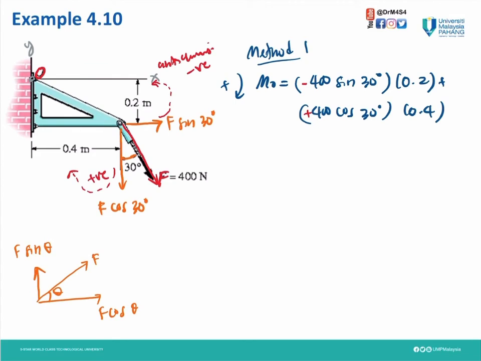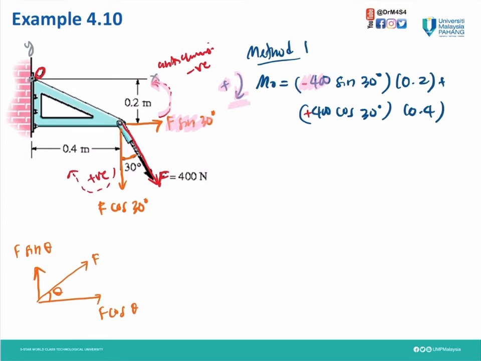Then we take positive as clockwise for moment at O. For F sin 30, to get to point O, it will be anti-clockwise. Therefore, it is negative because our initial assumption is positive is clockwise.